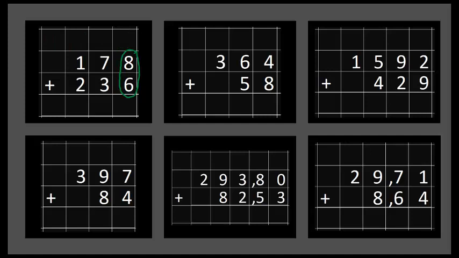So when we add 8 and 6, we know that 8 plus 6 is going to be 14. So I'm going to write 4 in the units category, and I'm going to carry 1 over. Next up, I need to add the tens. I'm going to add all 3 digits. So I'm adding 7 plus 3, which is 10, plus 1, which makes it 11.